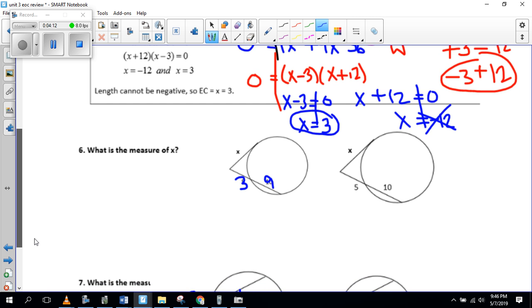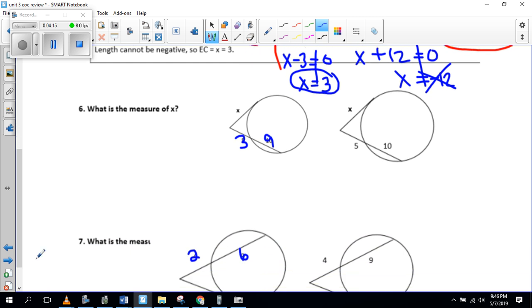Okay? So I actually made some examples for us. You need to actually draw this one, so you can pause the video and draw it while I'm working it. We know our formula is tan squared, or T squared, equals outside, parentheses, outside plus whole.